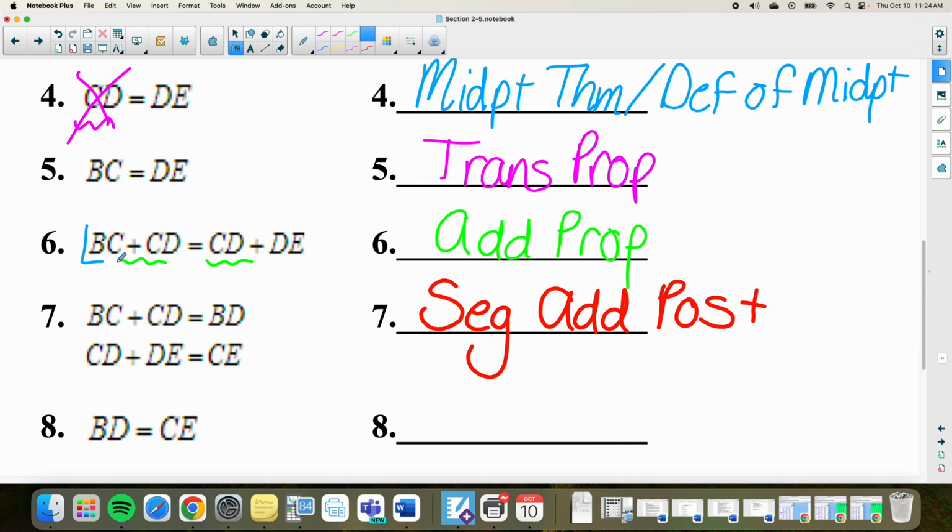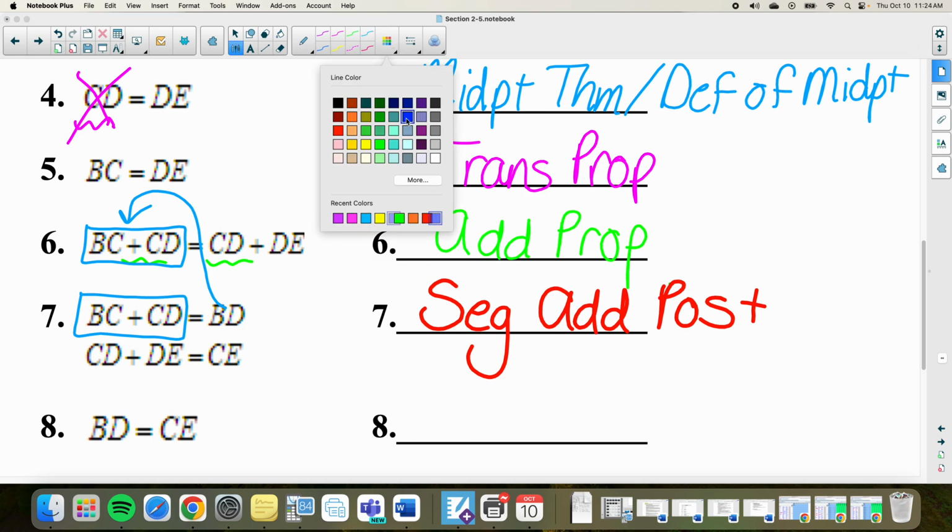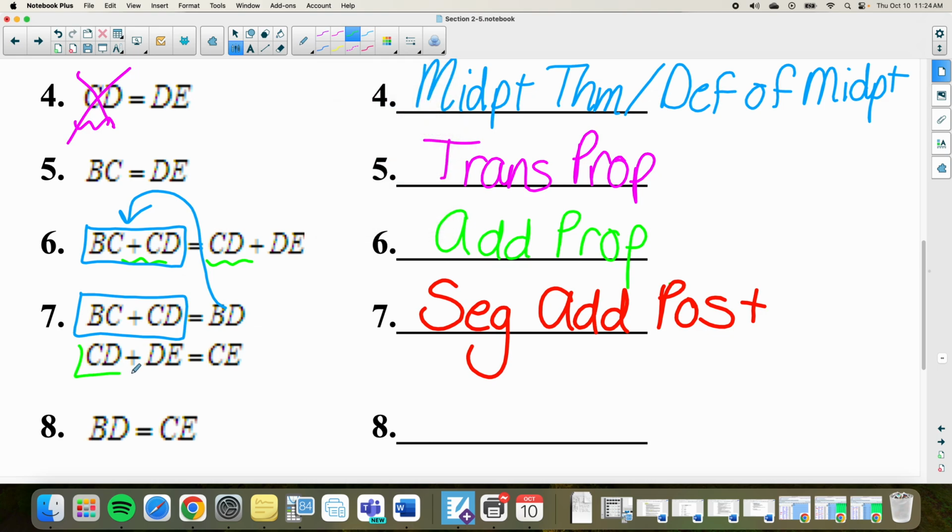But here's the deal. Do you guys see how this and this are identical? Okay? If BD is equal to this blue box, can I take BD and put it up in there? Okay? And then if I look, CE is equal to this green box, and I have this here that is identical.